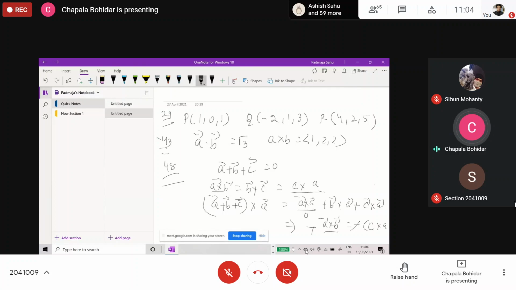Similarly, if you multiply by B, then you'll get the other two like this. This is the way.